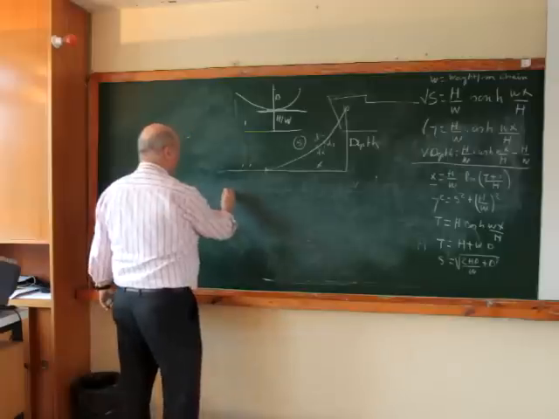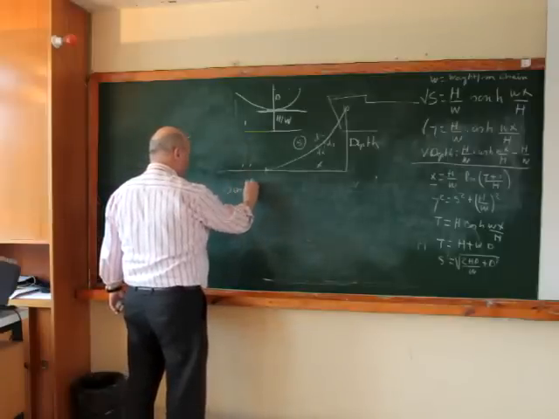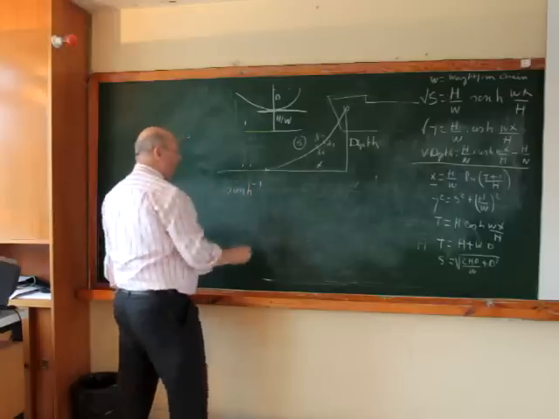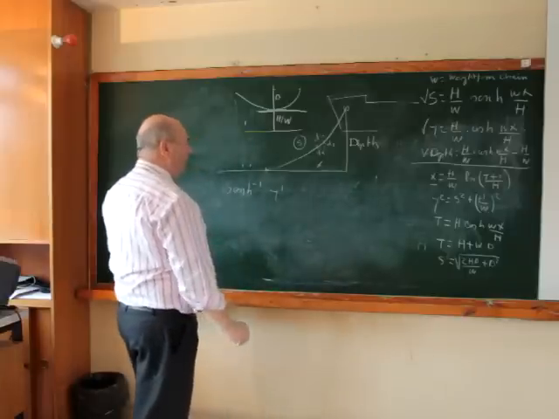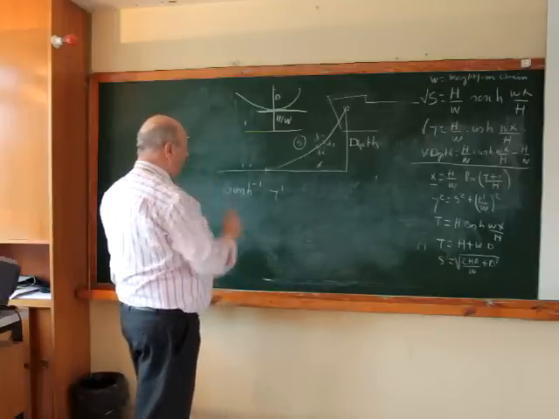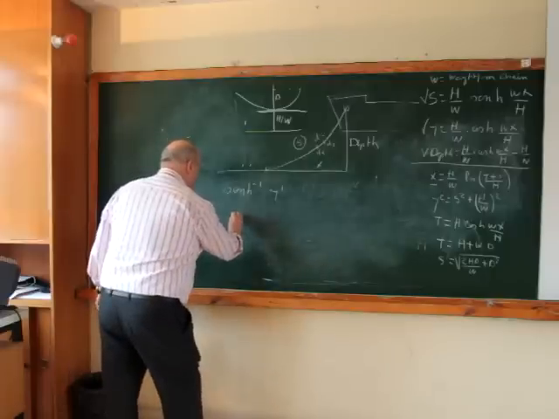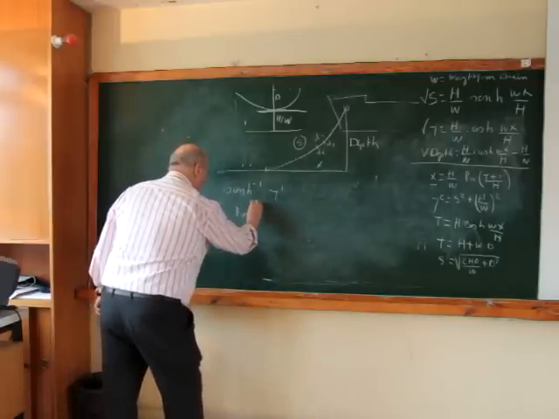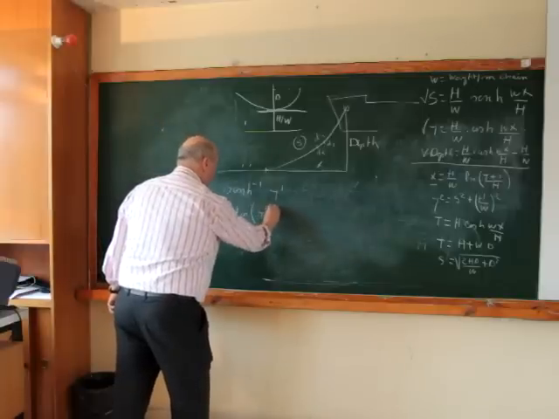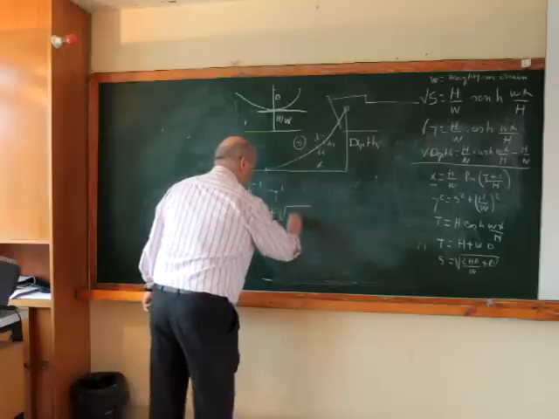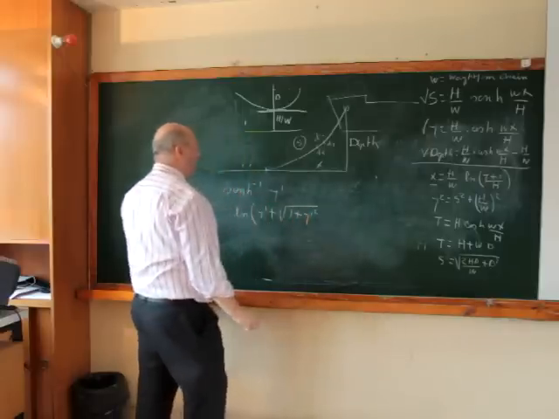I have said that the integral is the inverse of the hyperbolic sine of the first derivative, and it is also the natural logarithm of the first derivative plus the square root of 1 plus the first derivative squared.